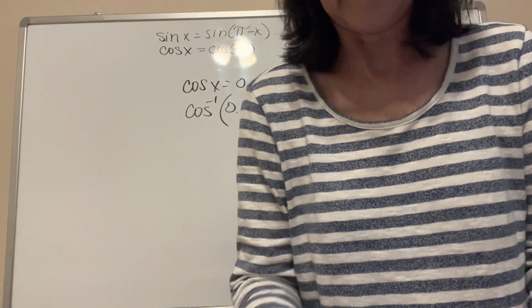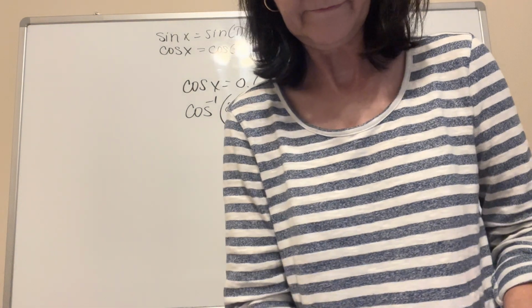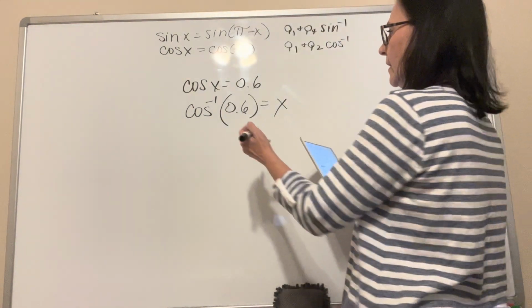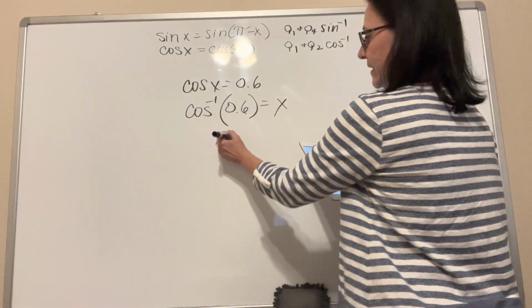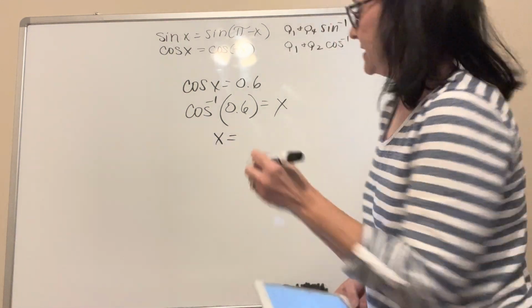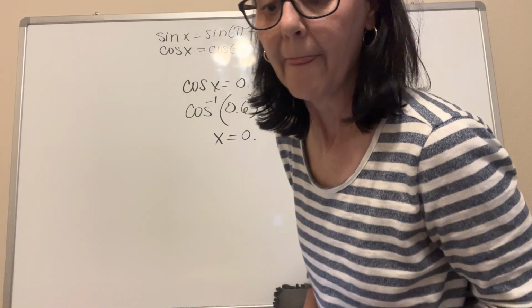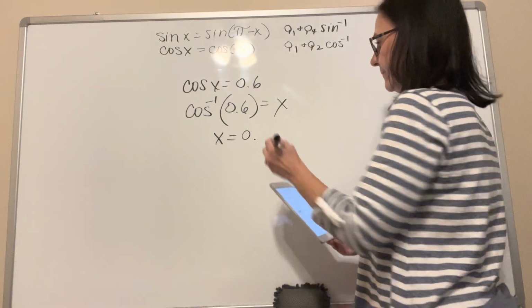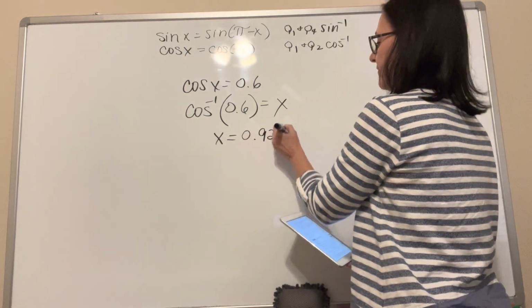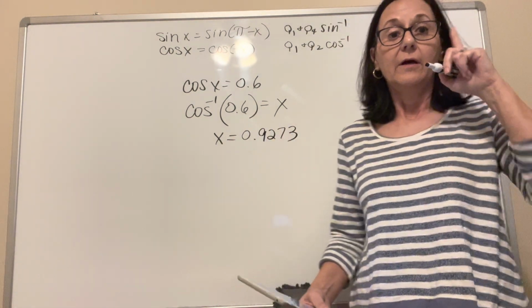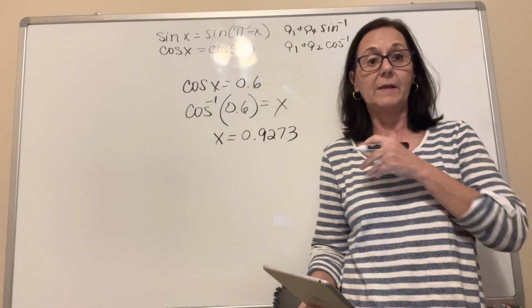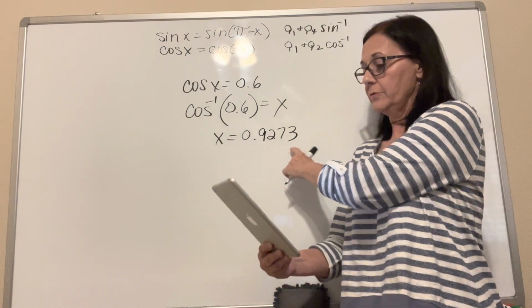So that gives me the radians. So x equals 0.9273. Remember the standard for trig is 4 decimal places, so I rounded this 2 to a 3.